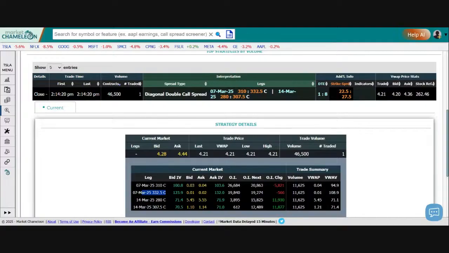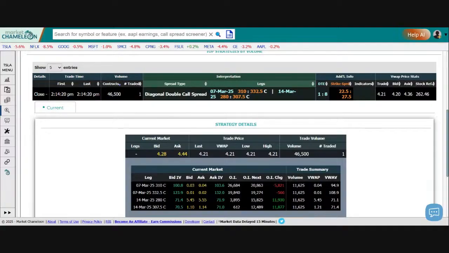which here it shows some evidence that it did. You could see here March 7th, 310 and 332 call, the open interest decreased. Now, not by the full amount, but that can also be due to other trades happening in that March 7th. But it did decline, right? And what happened in the open interest on the March 14th leg?